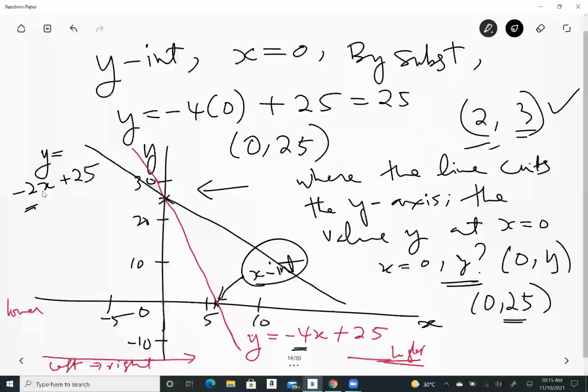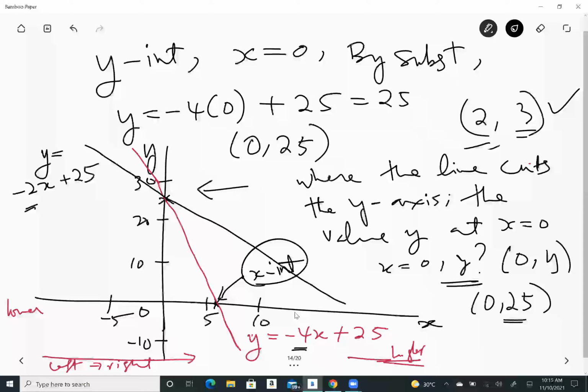But when you look at the steepness of the line, which one is steeper? The one with the slope negative 4 or the one with the slope negative 2? Negative 4 is steeper. So when you look at the steepness of the line, for the positive slope, no problem.